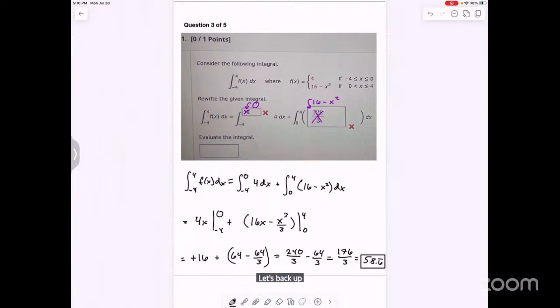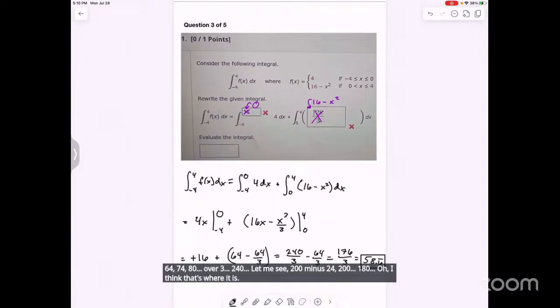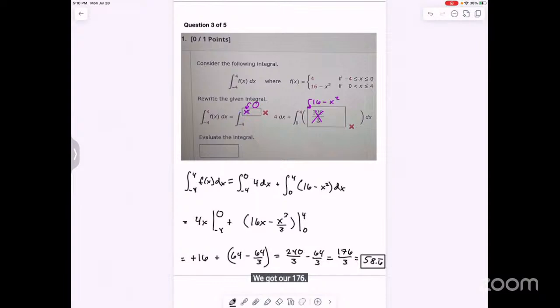Let's back up. 16, 64, 74, 80 over 3, 240. Let me see, 200 minus 24, 200, 180. Oh, I think that's where it is. 180, 176. No, we got our 176. 5, 26, 8.